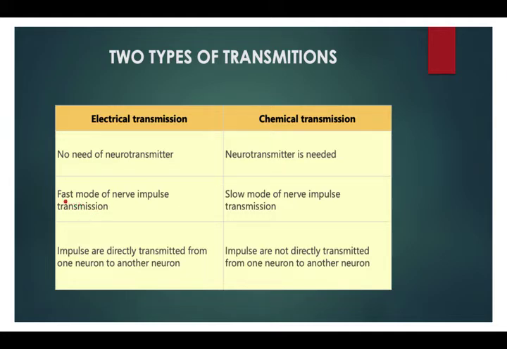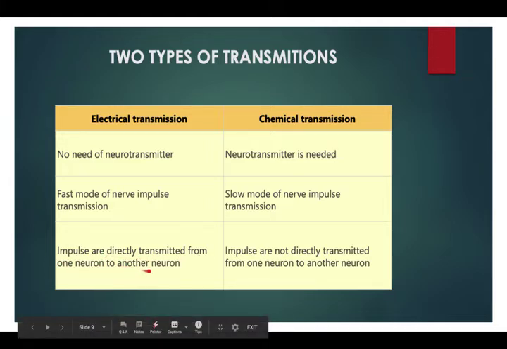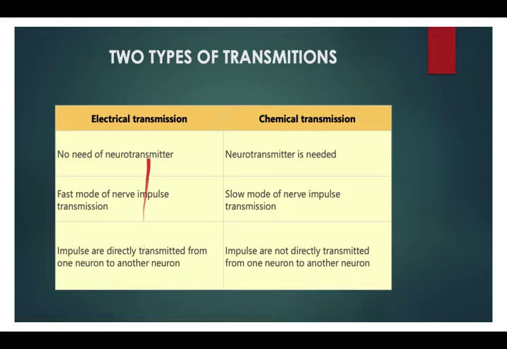In electrical transmission, there is fast mode of nerve impulse transmission, while in chemical transmission, slow mode of nerve impulse transmission is going on. And electrical transmission takes place where impulses are directly transmitted from one neuron to another neuron without any neurotransmitter.